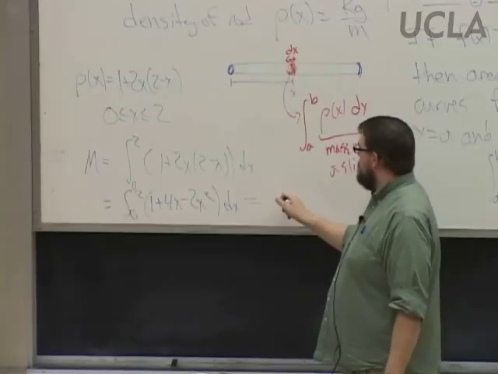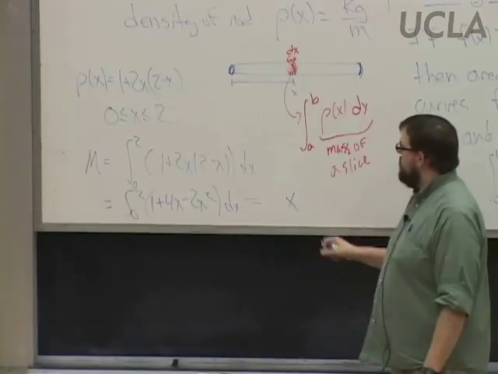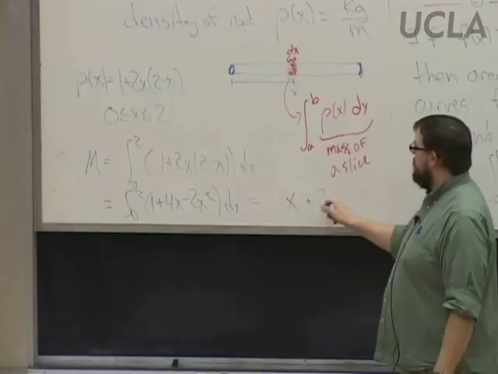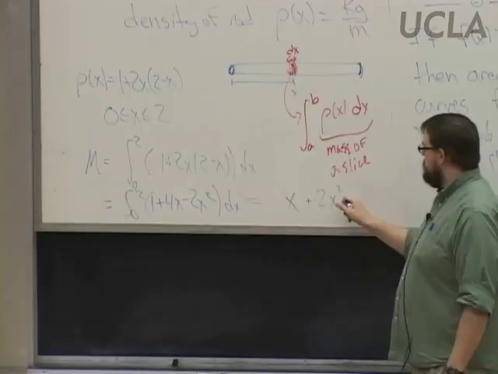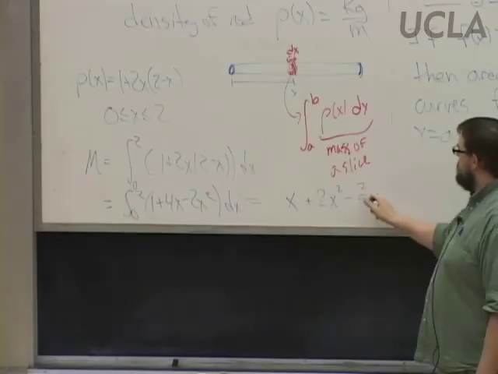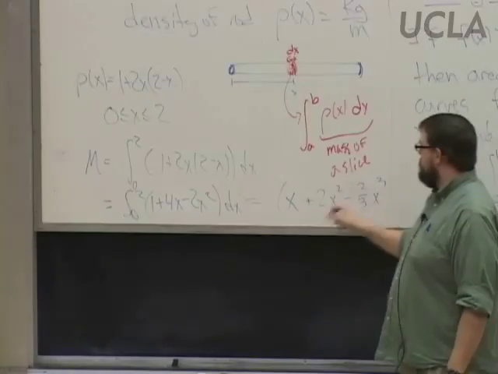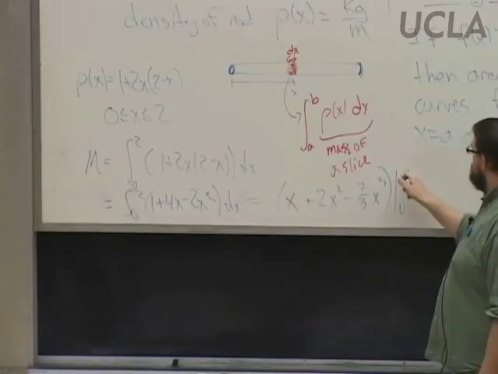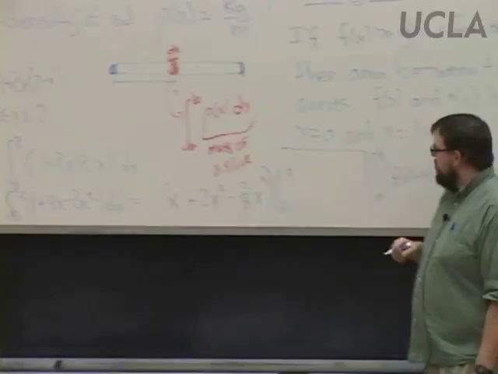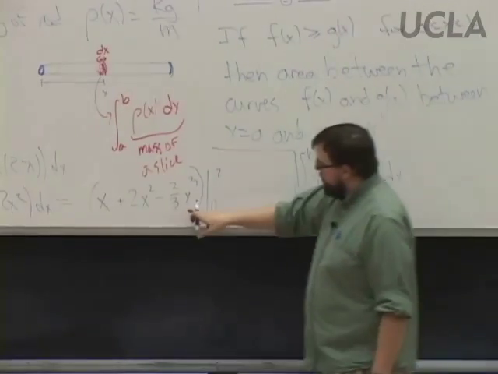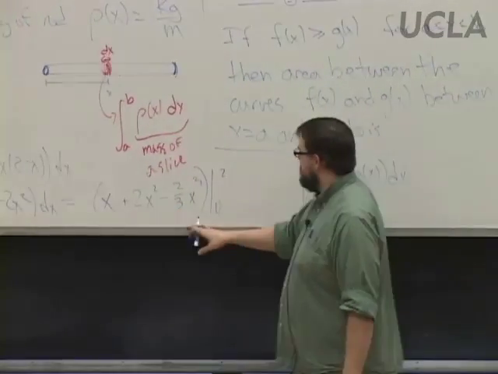Each piece is easy. The integral of 1 is x. The integral of 4x is 2x squared. And the integral of 2x squared is 2/3 x cubed. So now I can integrate. Very simple. Evaluate from 0 to 2. Notice how if I plug in x equals 0, I just get 0. So I really just need to plug in x equals 2.